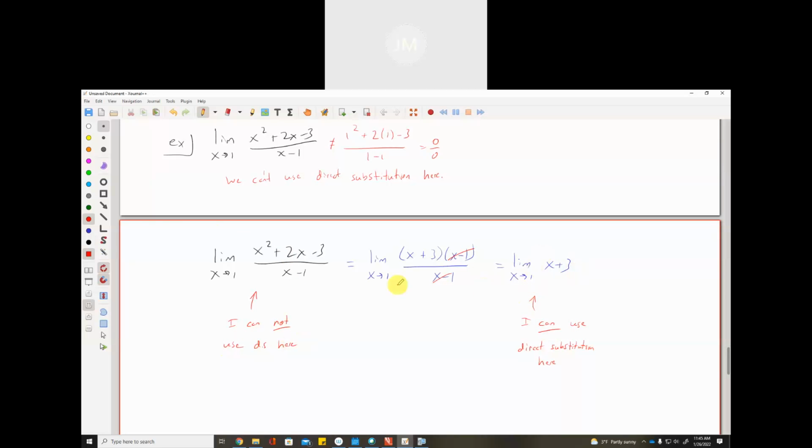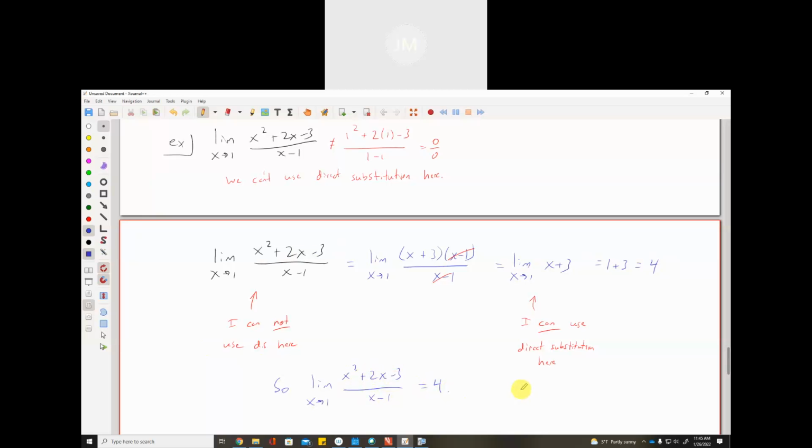But I can with this one. And here, if I plug in 1, right, and I get 4, and I follow my chain of equality, so we can say, so the limit as x approaches 1 of x squared plus 2x minus 3 over x minus 1 is just equal to 4.